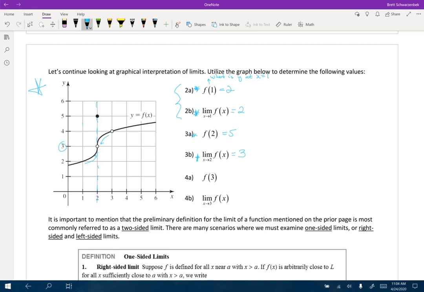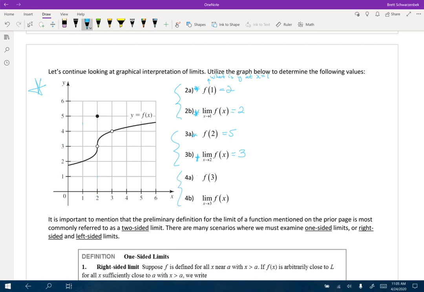So the height there is 3, and it's approaching that height from both sides. So look at this. These two are now not the same. Even though it looked like in every example that was the case, that is not the case here. And to be honest with you, most of the time it's not in this class. So let's do the last couple and see where that goes.